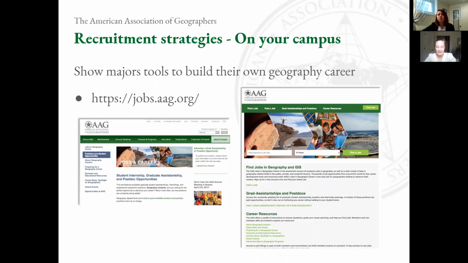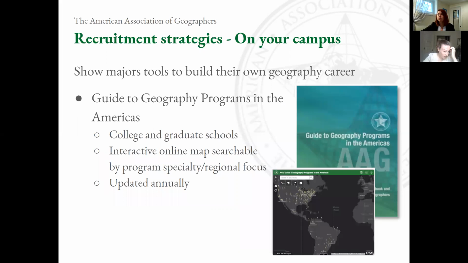Yes, they will find any job on the internet, but if you want to have alumni become professionals in the geography discipline, you'll have to point them at the more specific resources. So you could point to the AAG Jobs and Careers website as a starting point. If they are interested to continue their education, you can point them to the Guide to Geography Programs.